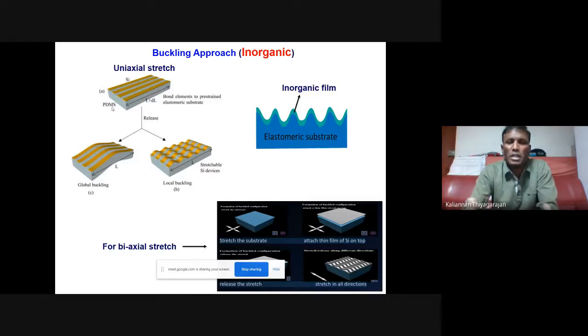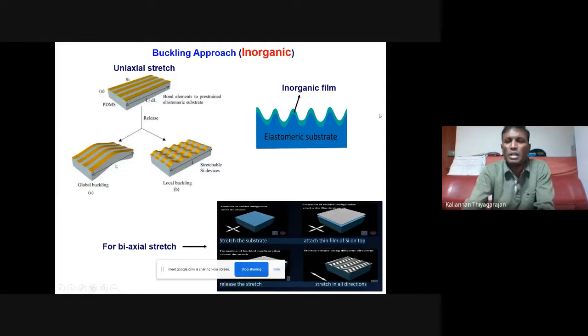It will stretch like our rubber band. Initially you stretch it in one direction, uniaxial stretching, then you mount whatever material you want, silicon, gold, whatever you want, then you release it. When you release, it will form this kind of bubble, buckling structure. So you make the device in this released state, and then when you stretch it, it will work as a stretchable device.